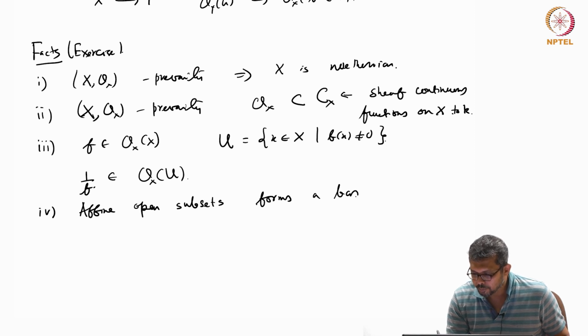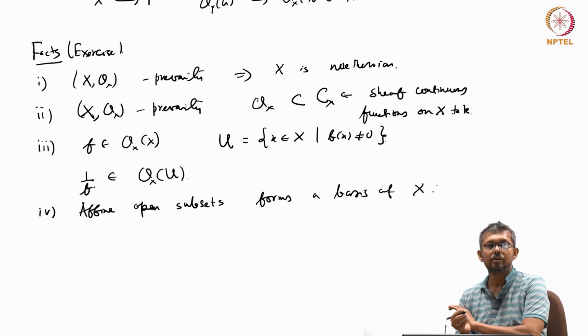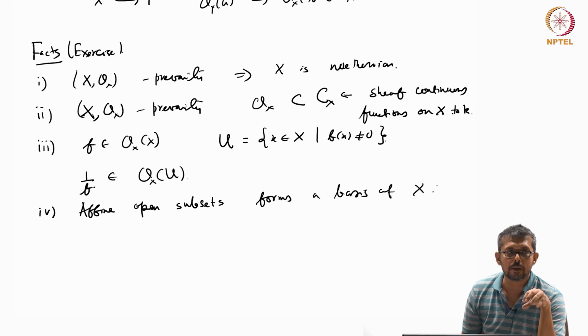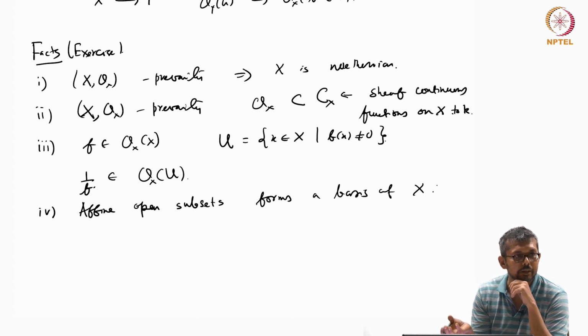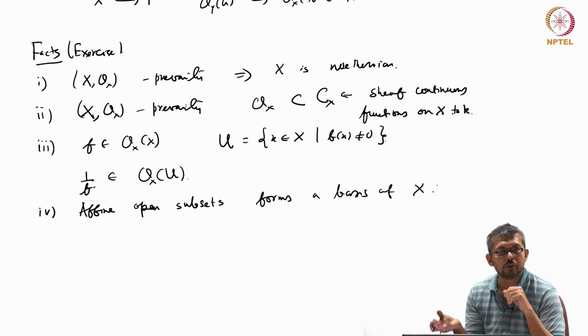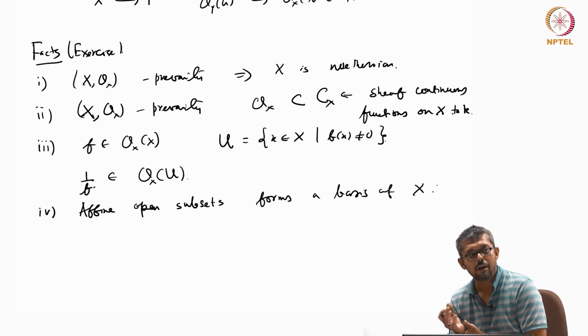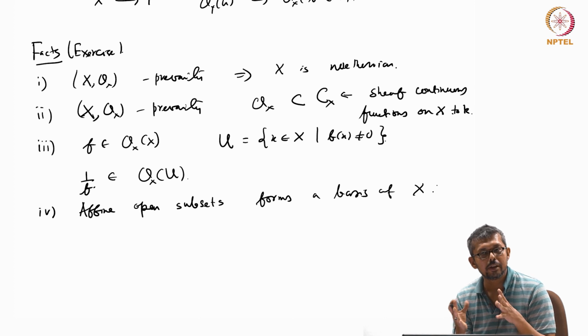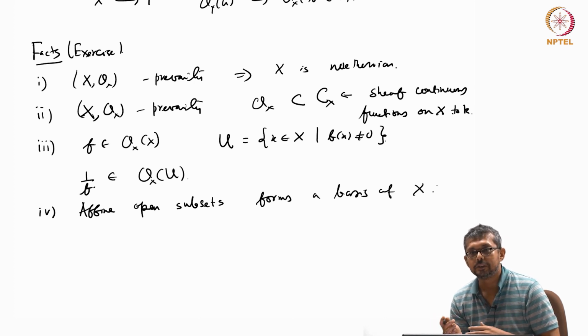This is the most important thing, that for any open subset you can find an affine open subset which is inside that open subset. So when you are doing a local study of pre-varieties, basically you are working with affine varieties.